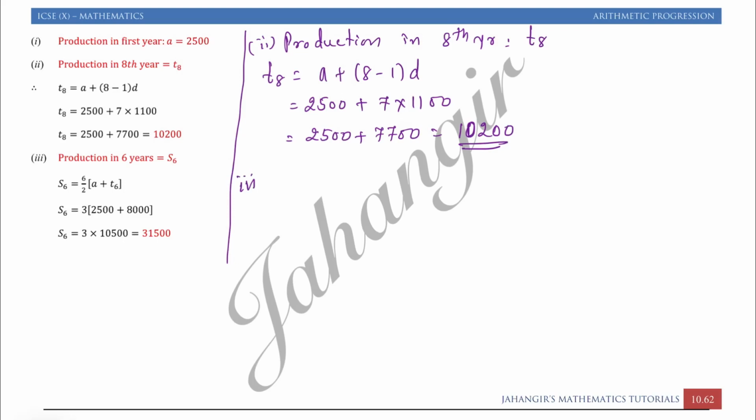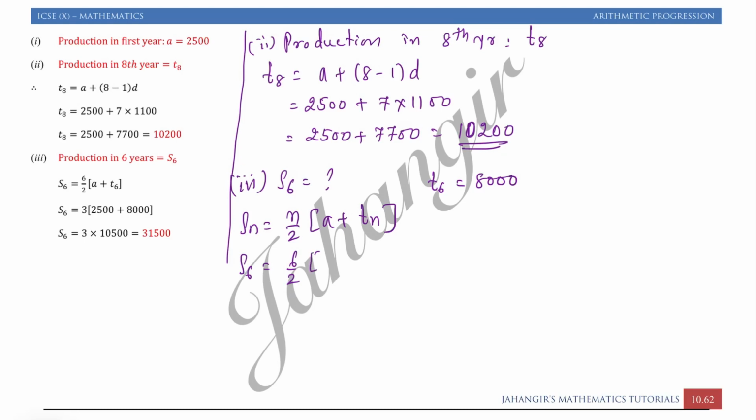Now, in the third part, we have to find production in 6 years, that is total S6. For S6 we can use the formula for Sn, since we know T6 as 8000, which is given in the question. So Sn is equal to n by 2 into a plus Tn. So here S6 is equal to 6 by 2.